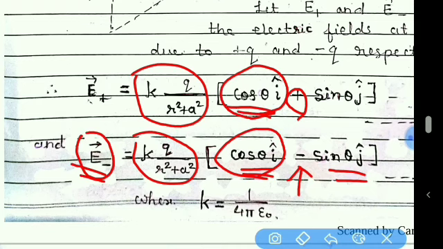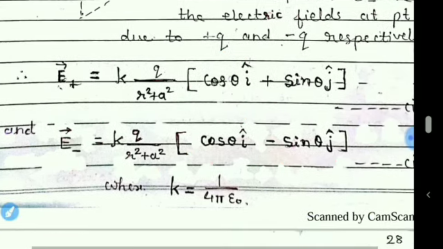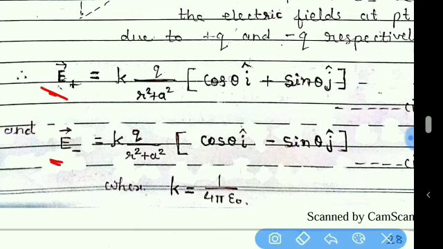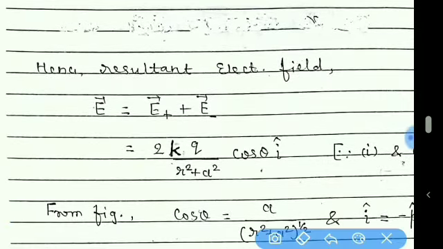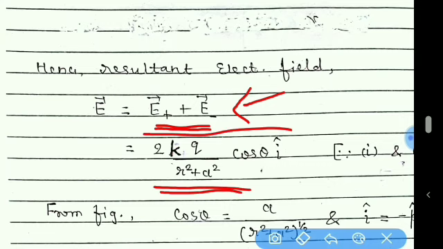So here these two components are positive. So these two equations are obtained by using Coulomb's law, and then the resultant electric field can be obtained by addition of these two electric fields. So by superposition principle we can add this, and using simple mathematics we get this relation.